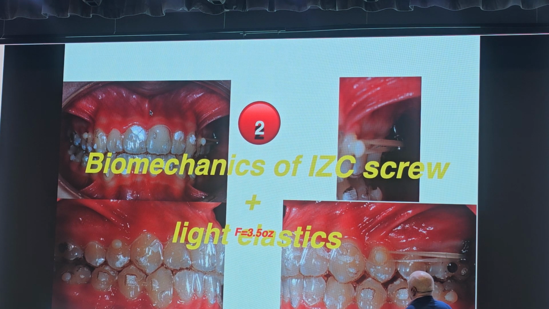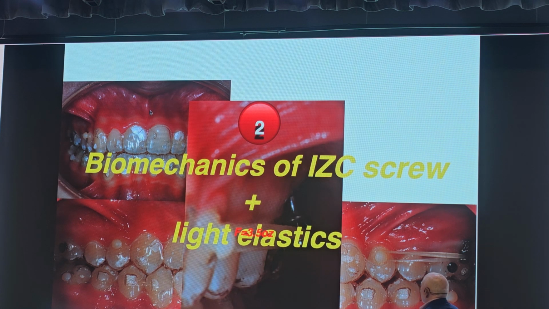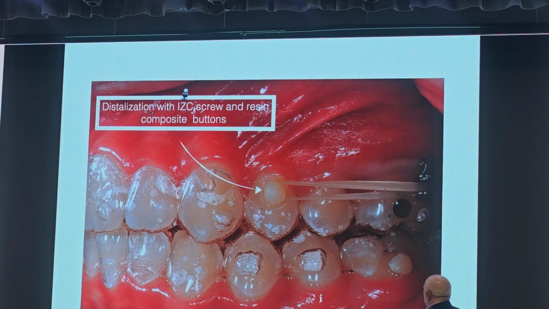And what you will see is light force, infrazygomatic tap, and I'm going to basically apply a force to bring this canine back along with the other teeth. Very fast treatment in a patient like this.